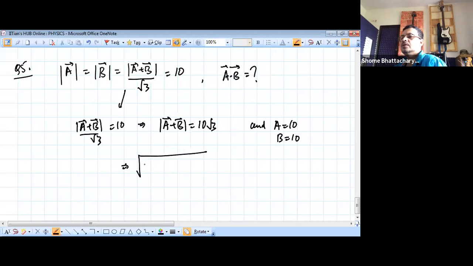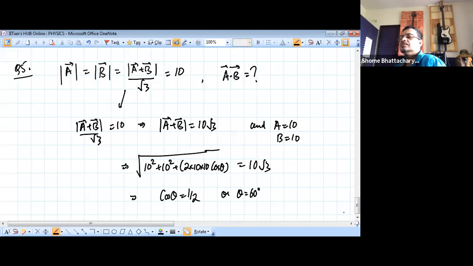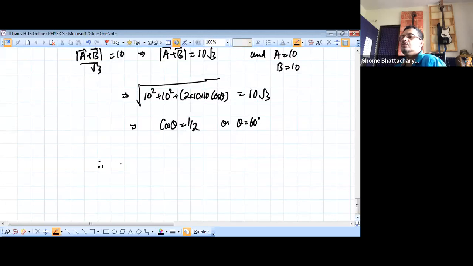So root of A square plus B square plus 2AB cos theta, where theta is the angle between A and B, is 10 root 3. Solving this, you will get cos theta equal to half, or theta equal to 60 degrees. So therefore, your A dot B, being AB cos theta, becomes 10 into 10 into cos 60, which is 50.